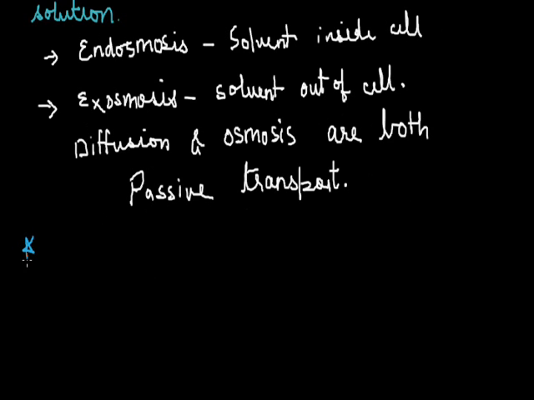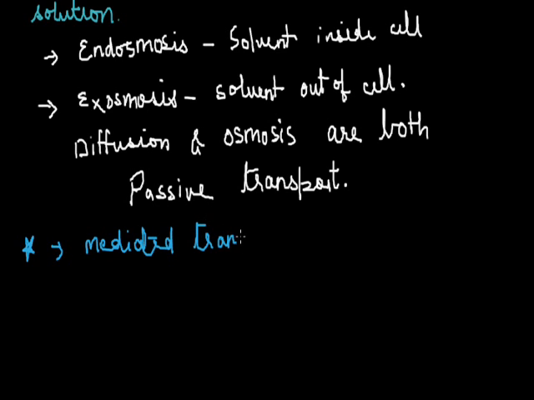The second way in which molecules can move through a plasma membrane is with the help of special proteins called transport proteins or permeases. It is a mediated transport.